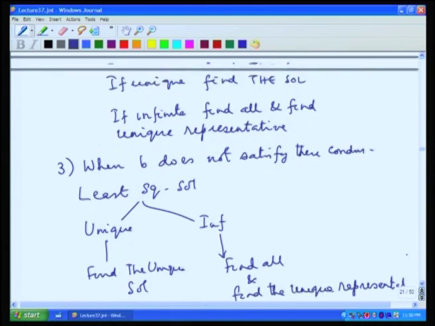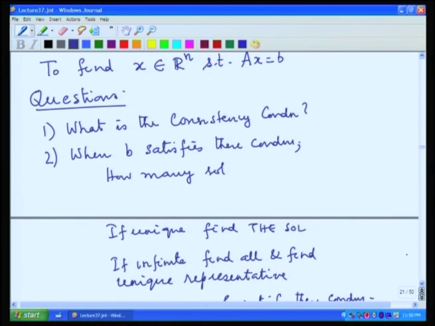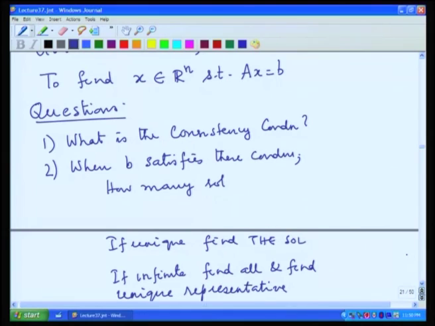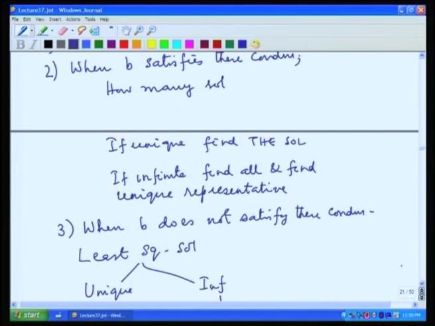Now, these are the fundamental questions that we raised about a system of equations. Consistency condition: if it is satisfied, a solution exists; if unique, find it; if infinite, find all and find a representative. If it does not satisfy, then you can do what is meant by least square solutions. Then is it unique, is it infinite?